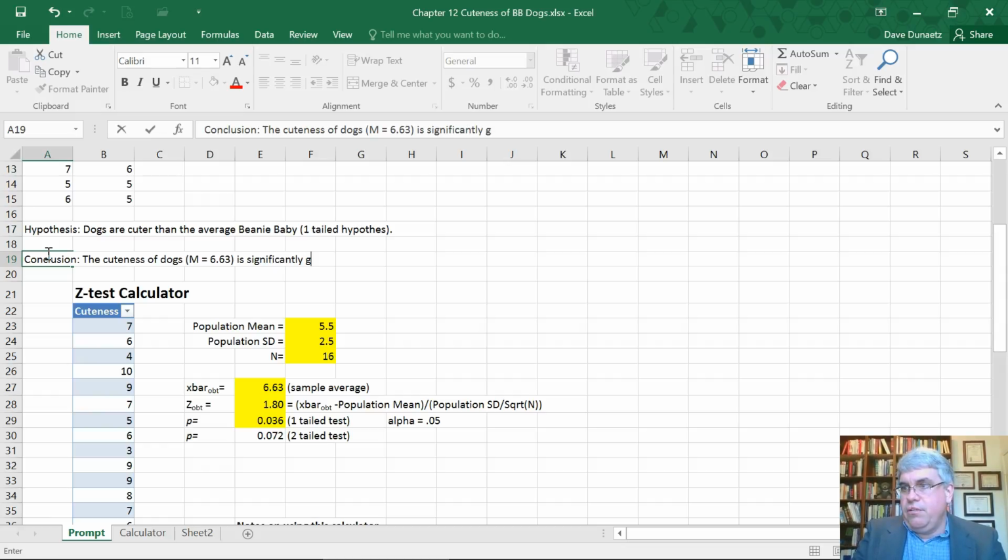significantly greater than the cuteness of Beanie Babies in general, where their cuteness level mean is 5.5 with a standard deviation equal to 2.5.